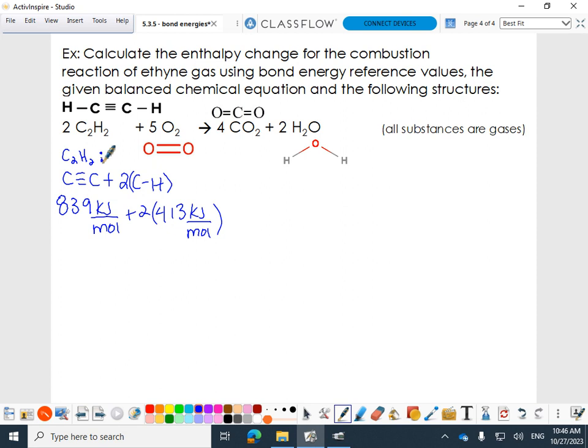Oxygen: in an oxygen molecule, there's only one O=O bond, that's a double bond. So this is just going to be 495 kJ per mole.